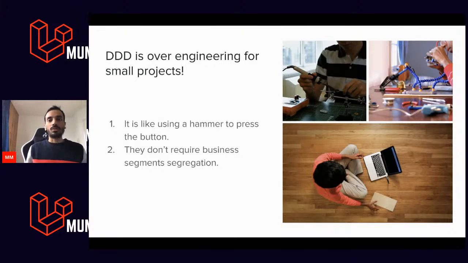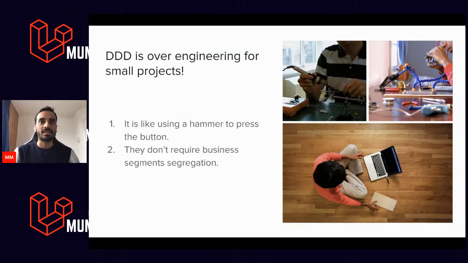Because when we start at small scale, it is really important for us to build something which we can communicate to our product owners, or our customers or clients. So yeah, it is like using a hammer to press a button. You're using domain-driven design too extensively just for a small project. So I'm not recommending it for small projects.